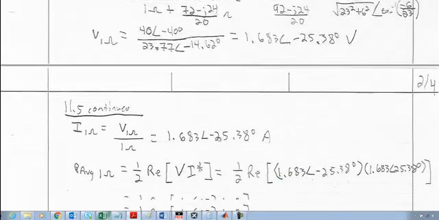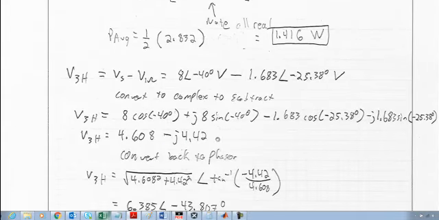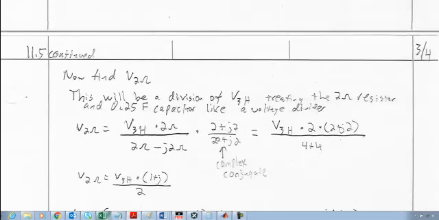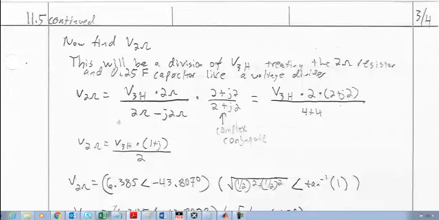And so let's go back down here and let's work through that. If we get down to here, we can figure out that the voltage across the 2 ohm resistor is going to equal the voltage across the 3 Henry inductor times 2 ohms divided by the sum of the impedances of the 2 ohm resistor and that negative J 2 ohm capacitor.